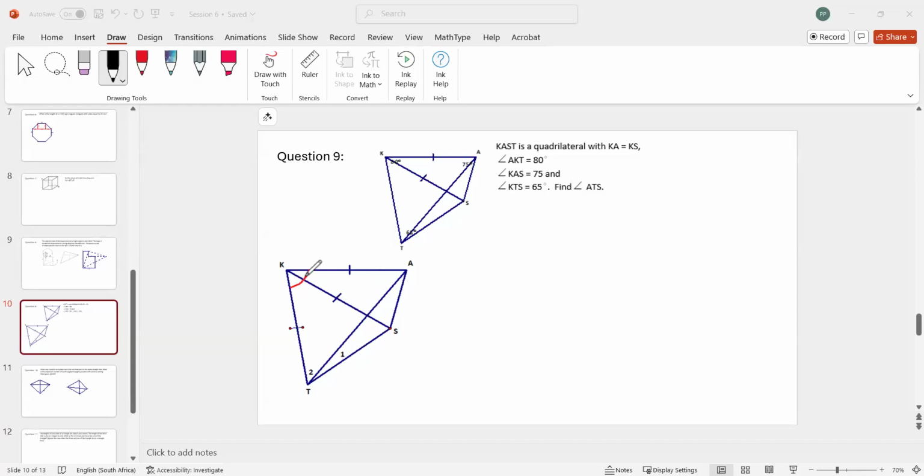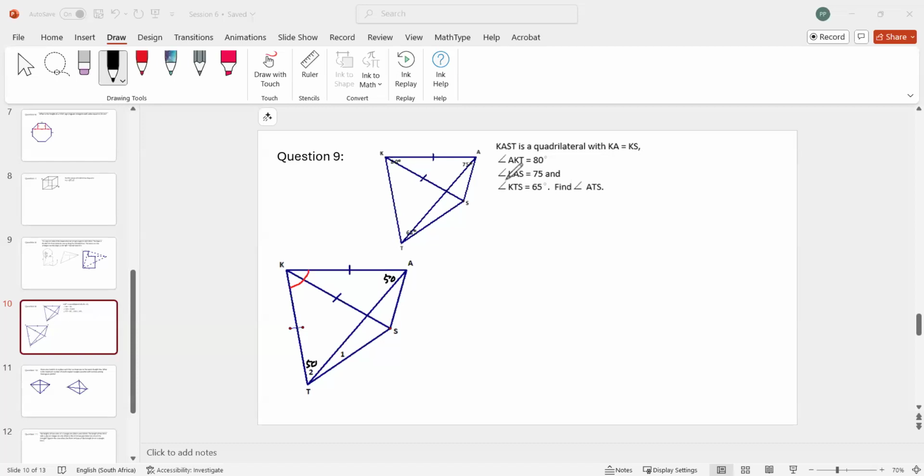AKT. But this is an isosceles triangle. So if this is 80, these two angles add up to 100. So there must be 50 each. I'm going to write down the information as I get it along. All right, so you got, this is 80, and each one is 50.